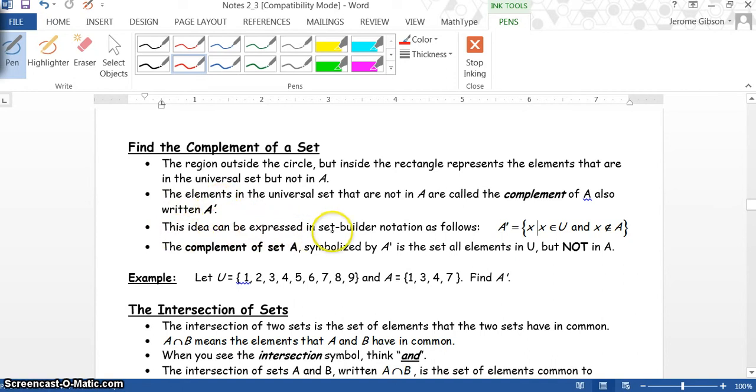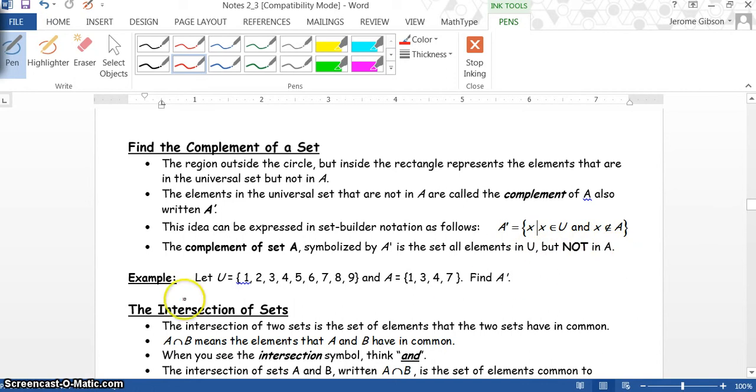This idea can be expressed in set builder notation as follows. The complement of A is basically that X is part of the universal set, but X is not part of A. The complement of set A, symbolized by A complement, is a set of all elements in the universal set but not in A.